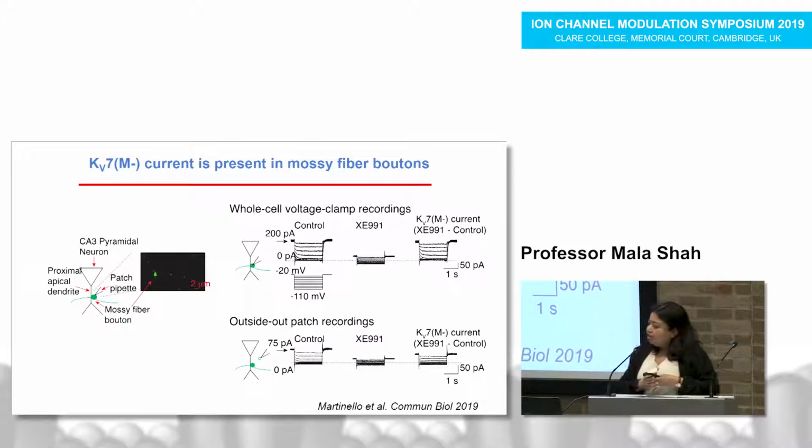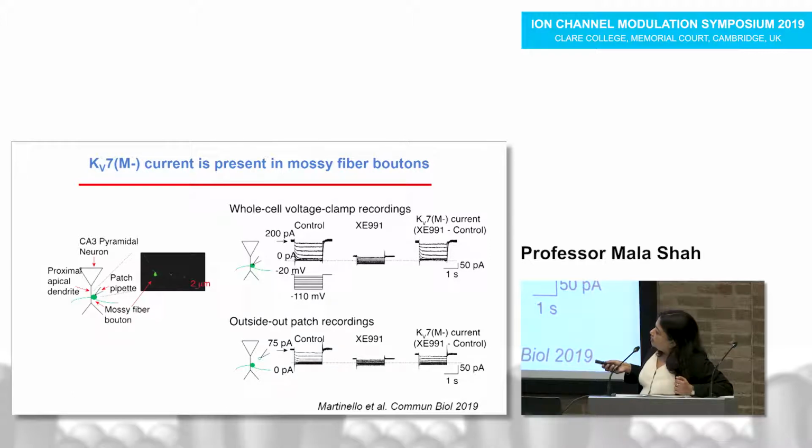So we can visualize the giant mossy fiber terminals, which are synapsing onto the dendrites of these CA3 pyramidal neurons. We went to Peter Jonas's lab and learned how to patch these terminals, and these are recordings from these terminals.